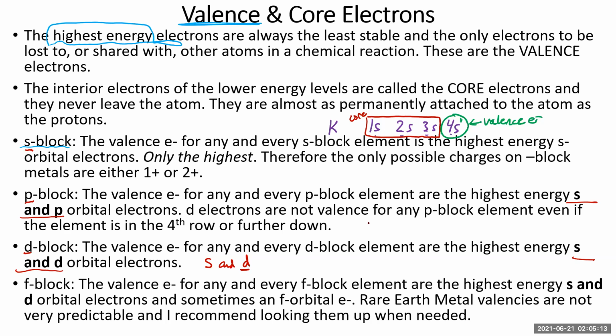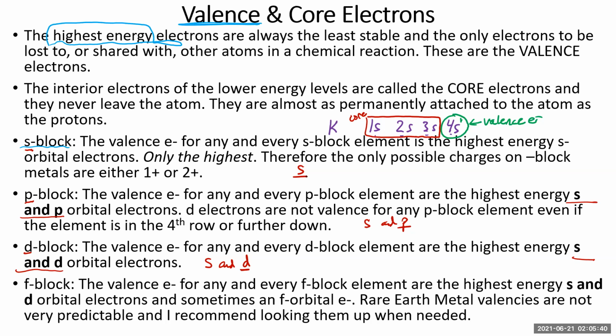A P block element will involve both s and p. An S block element will involve only s. So for a given energy level and for a given element, its highest energy orbital and all the ones preceding that highest energy orbital, but still within the same energy level or close to it, will be valence.